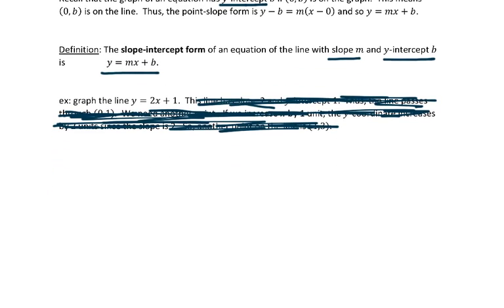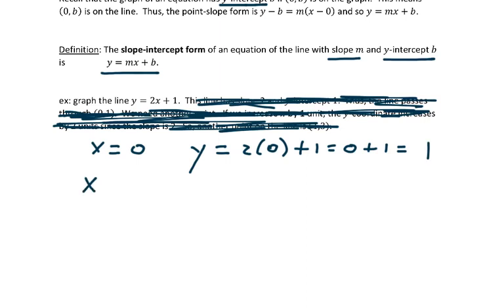So as a quick example, here's y equals 2x plus 1. Now we're going to graph that line. Well, just like before, we need 2 points on the line. If we take x to be 0, you can kind of expect this, we would get y to be 2 times 0 plus 1. That's 0 plus 1, which is 1.